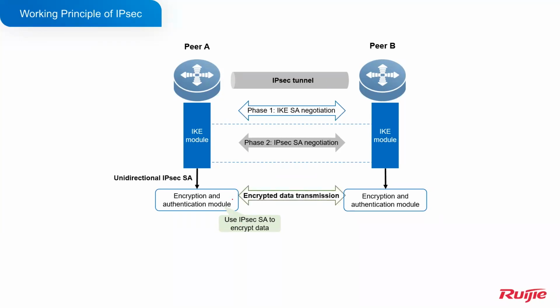So between them, we can encrypt the message and then forward the message out for transmission. And finally, the user message can be protected. So there are different processes. The IKE SA is used to help protect our IPSec SA, and the IPSec SA will protect our user message.